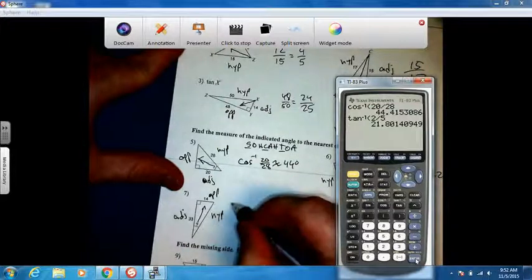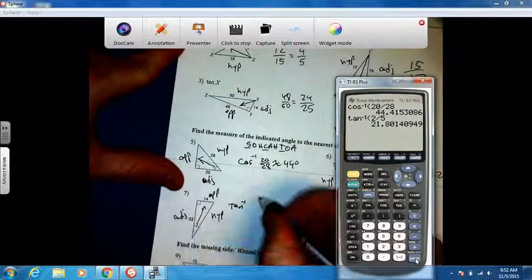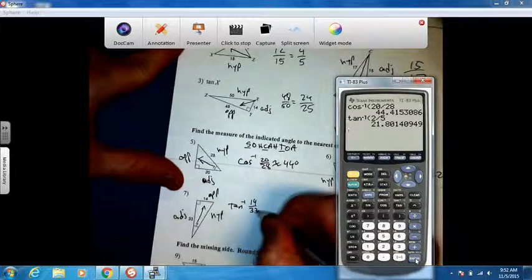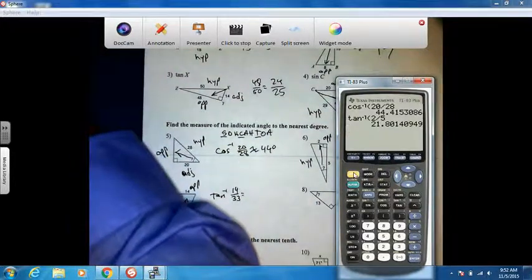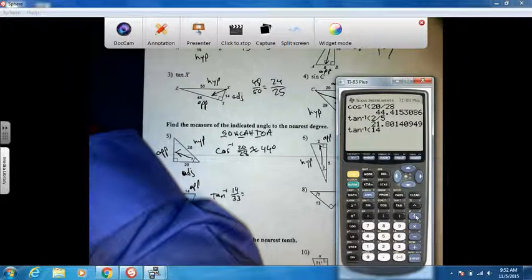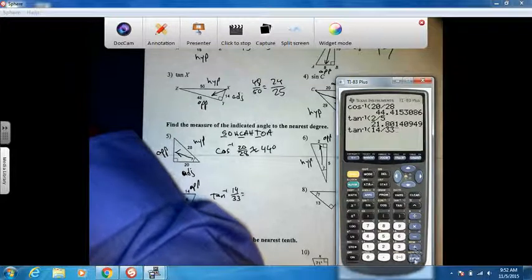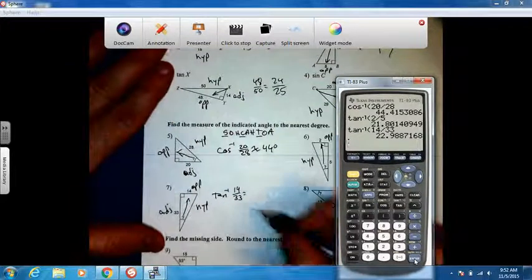Inverse tangent of 14 over 33. So, second tangent, 14 over 33 is about 23 degrees.